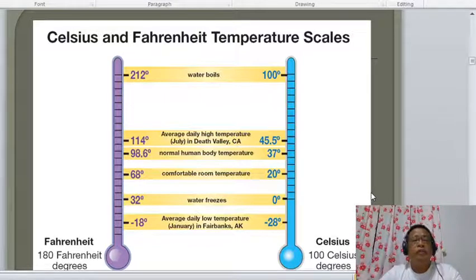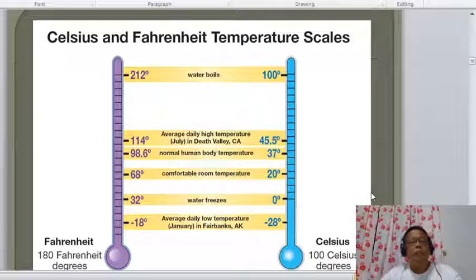Water starts to boil at 212 degrees Fahrenheit. In the Celsius scale, of course, that is 100 degrees Celsius.